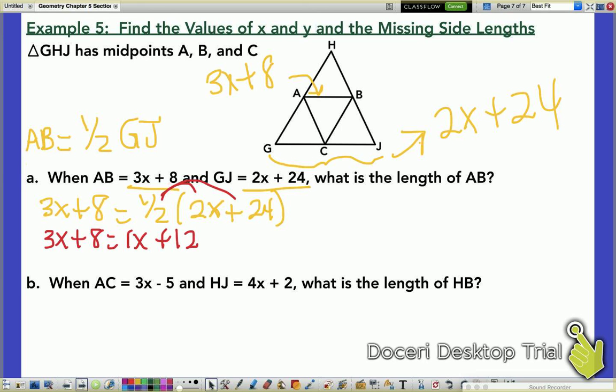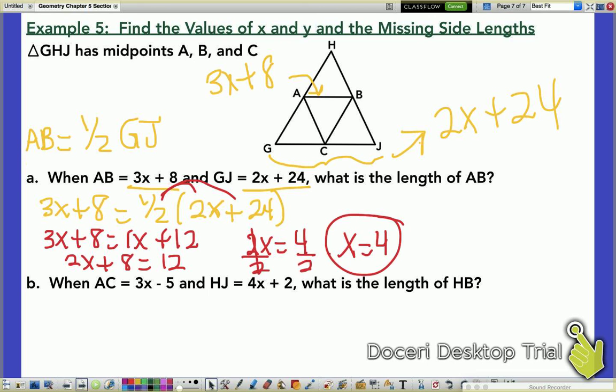Subtract 1x and you get 2x plus 8 equals 12. Subtract 8 and then divide by 2. Okay, am I done? I hope you are answering no.